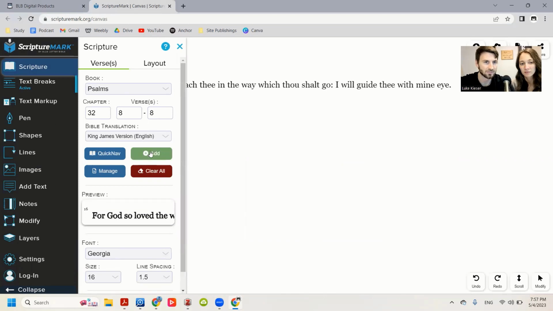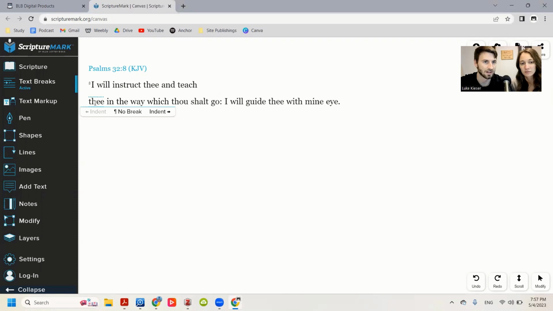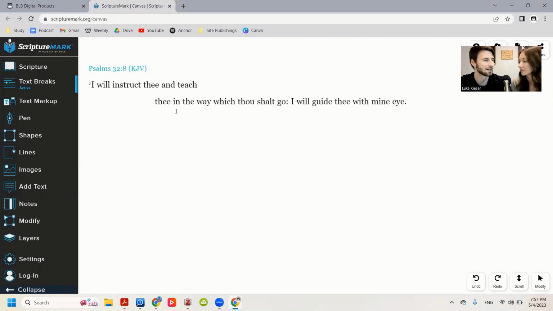But the idea is eventually you're going to be able to highlight and draw arrows and stuff, and you can click it and break it up and move it over, kind of organize the thoughts. I haven't found it to be crazy accessible yet. I find just doing it on a Word document works better for me at this point, but that might be something to look for in the future.